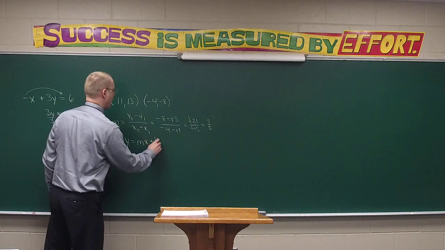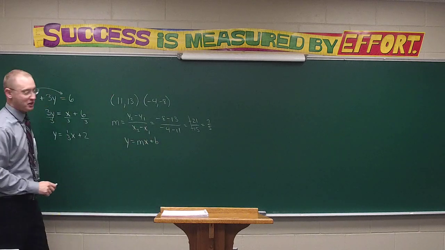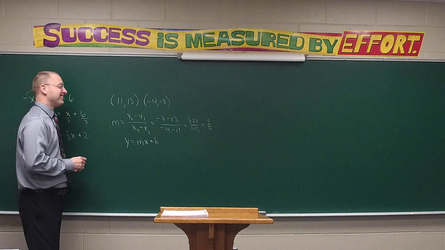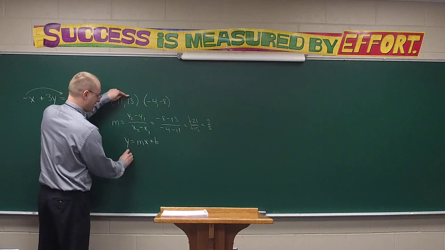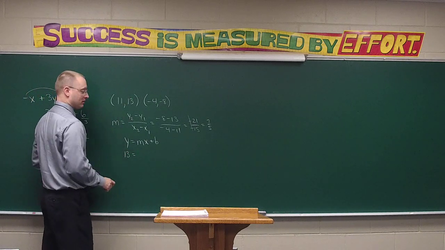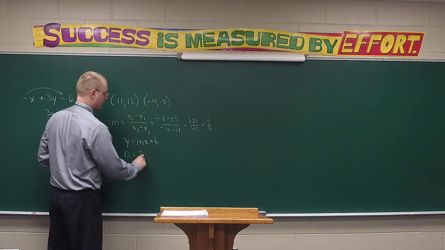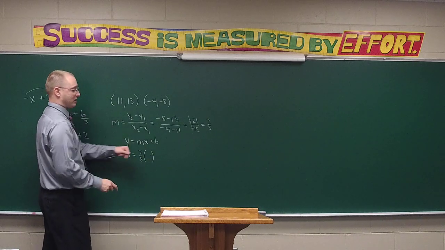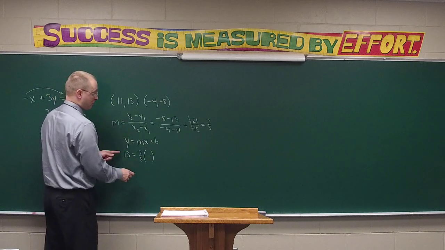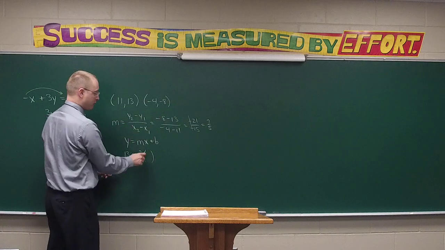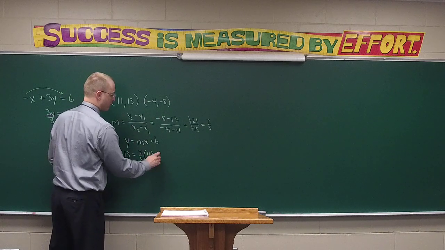All right, so you'll write out y equals mx plus b, and you said you plug in the thing. What thing? 13. Okay, for the y. And then you do 7/5 times x plus b. Well, instead of x, we could put 11, since we put 13. If we've done negative 8 here, we do negative 4 here, but I like positive. Put the 11 over 1 plus b.